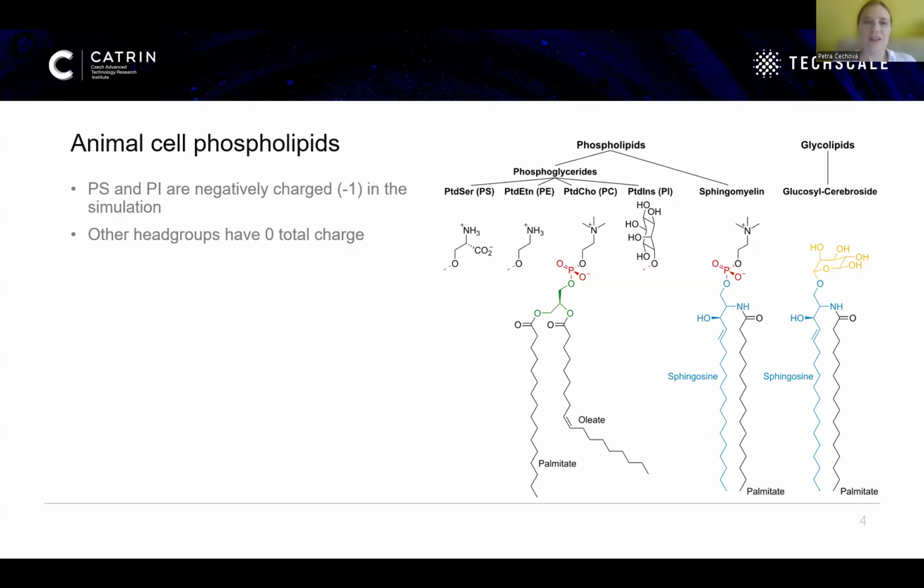So to look at cell lipids in more depth, these are the main types of lipids that are present in the cell. Sorry, can you see my mouse? Yes. Awesome, thank you. So the PC head group, phosphatidylcholine, are the most common lipids.